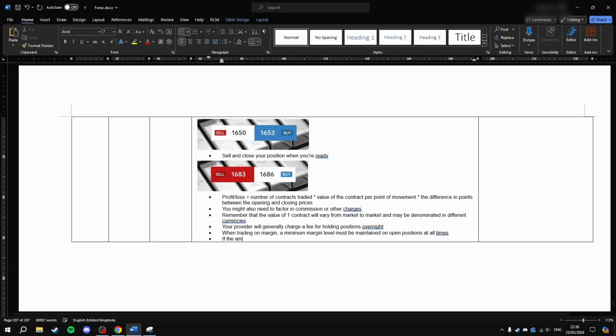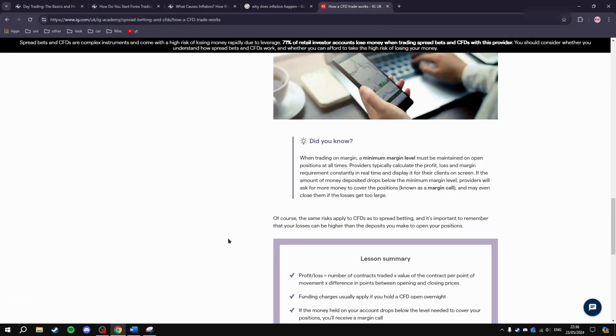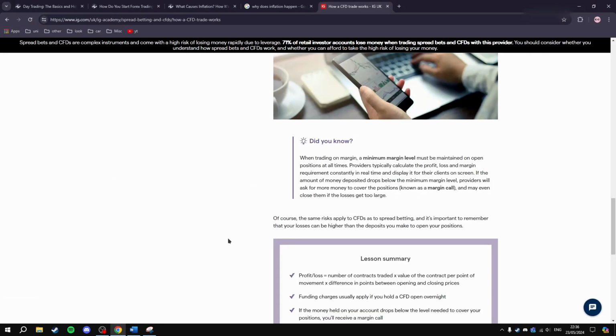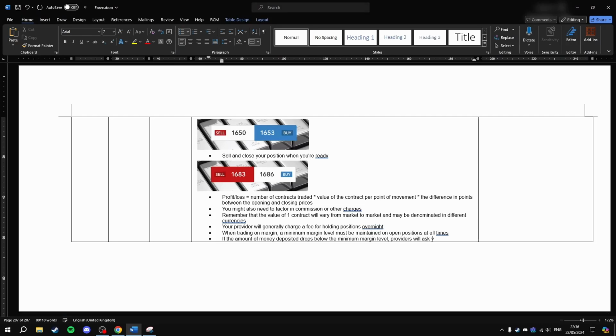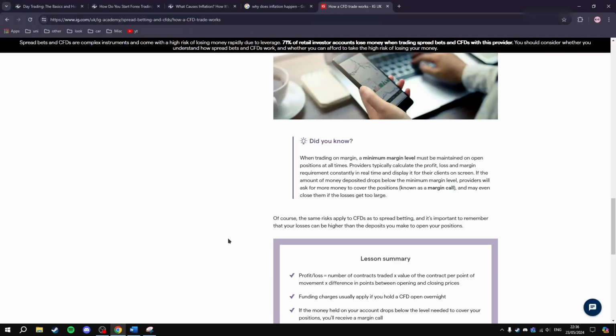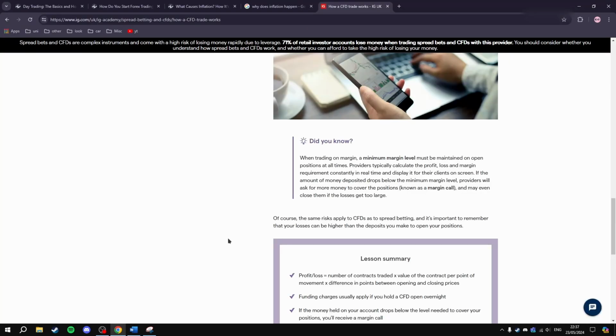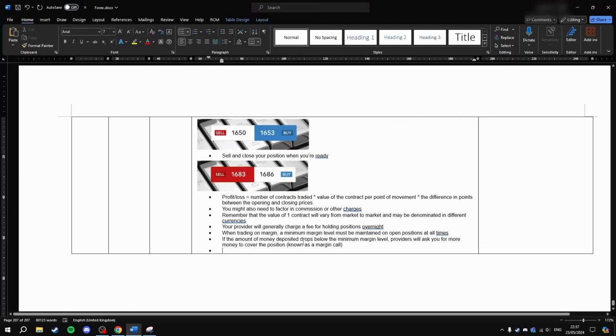If the amount of money deposited drops below the minimum margin level, providers will ask you for more money to cover the position, known as a margin call, and may even close them if the losses get too large.